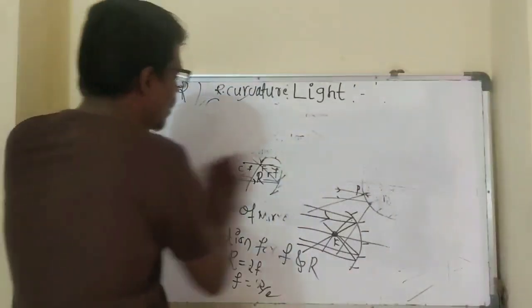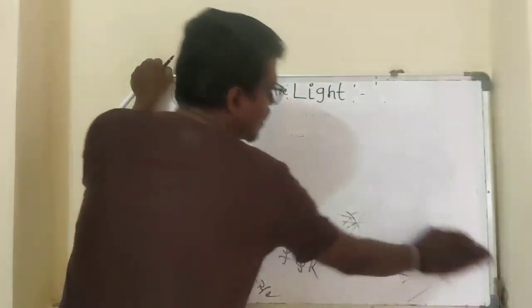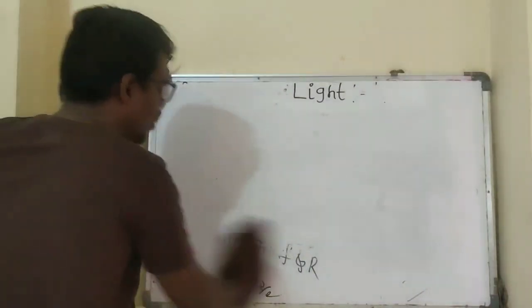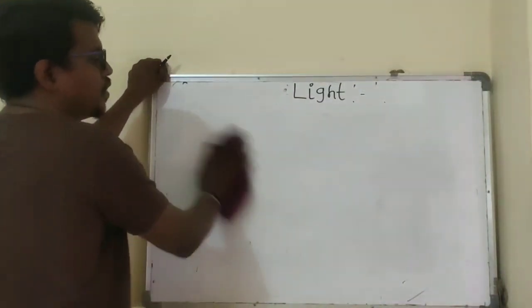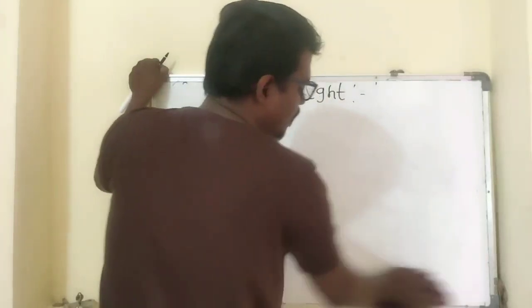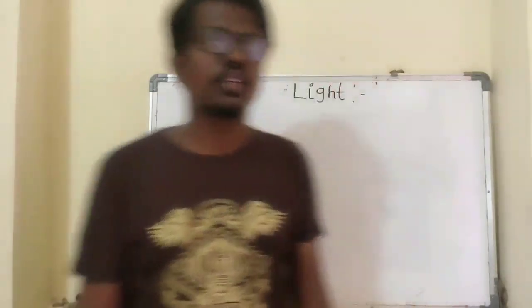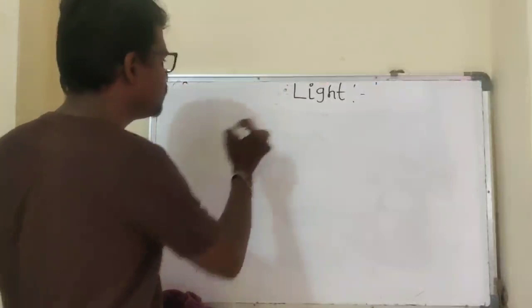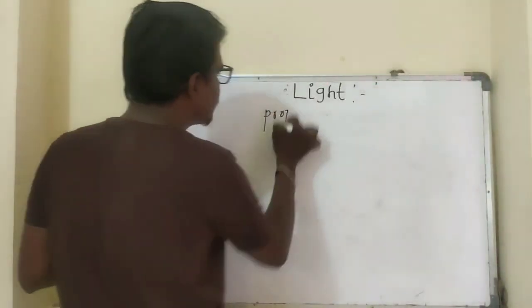Unless you learn and understand this concept, you will not be able to solve derivations or problems, or answer CBSE question paper questions, because they ask based on concepts only. So now I will explain the properties of images.